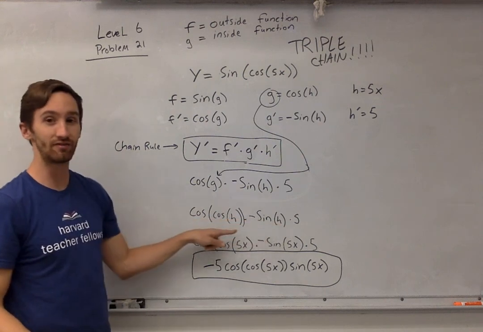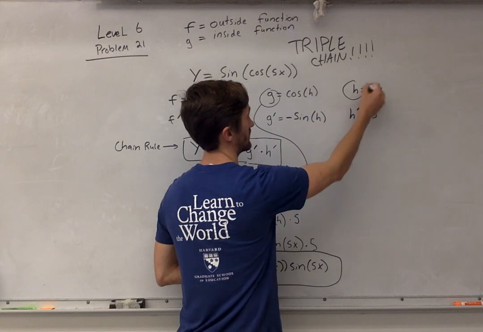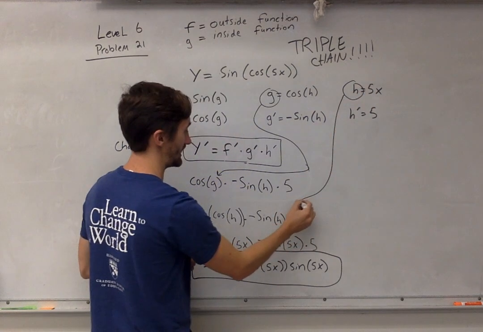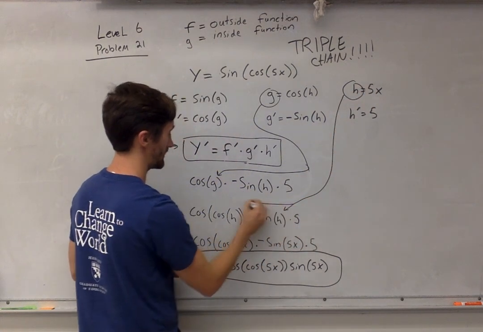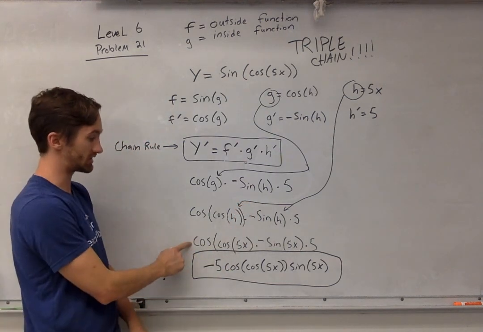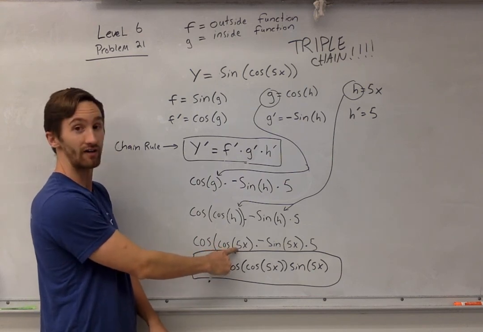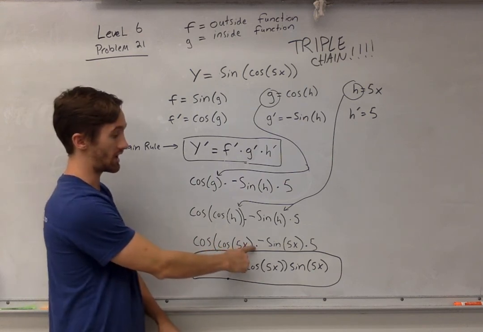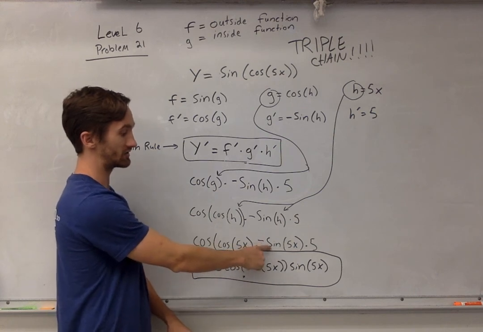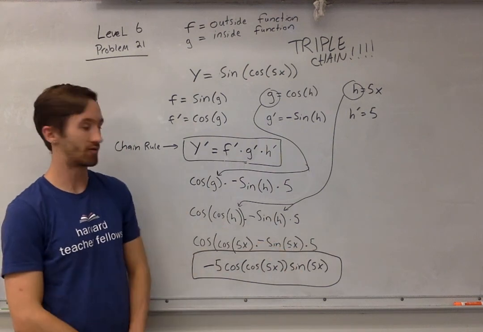But now I still have these h's. So I'm going to go up and get my h, and plug my h back in there and there. And now I'm going to have cosine of 5x times the negative sine of 5x times 5.